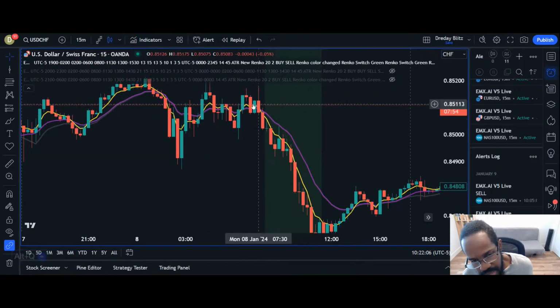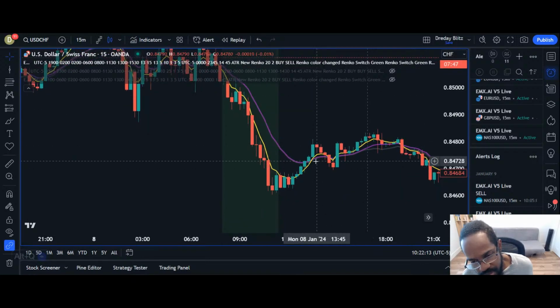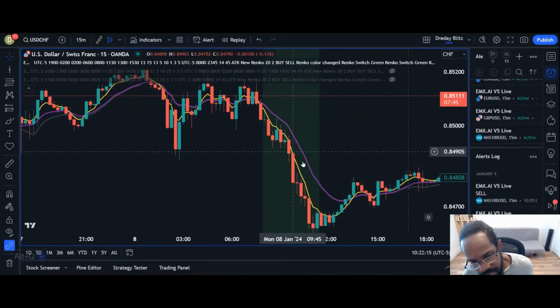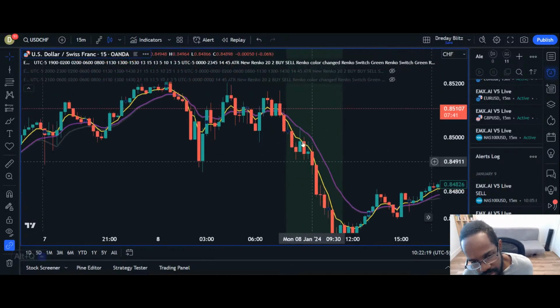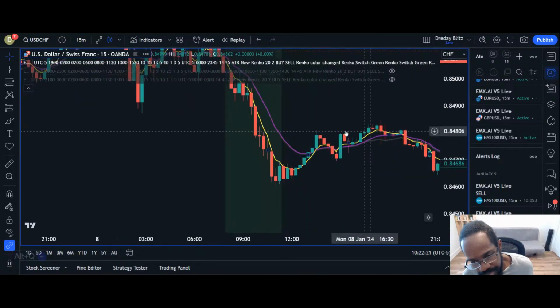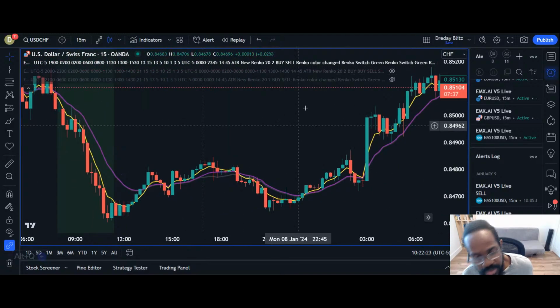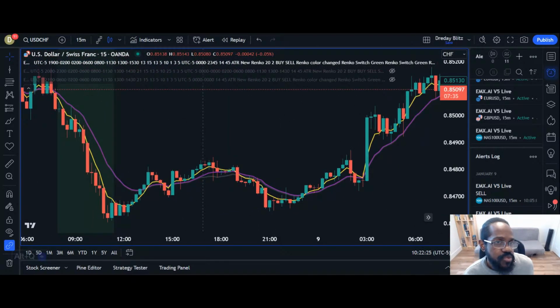So at that point here, you should have an S red, sorry, and then you have S green to get out. So you would have taken that movement here in the market, even though it's out of the session, but you're able to take it. There's really different ways to look at the market and how to trade it. You could scalp, you could swing trade, you could do whatever you want.